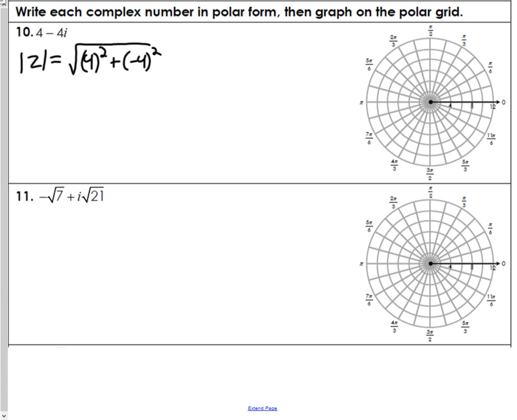And then we're just simplifying. Well, 4 squared is 16. Negative 4 squared is 16. So that's going to be the square root of 32. 32 we can break down into 16 times 2. And the square root of 16 is 4.